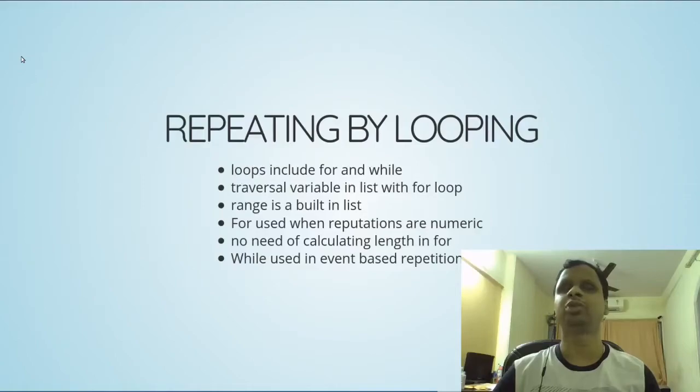And when your repetitions are based on a certain event wherein something has to happen or stop happening, you will generally use the while loop. But there are ways in which both can be used interchangeably, so there is no potential pitfall as such. This is just the general programming practice which people follow.